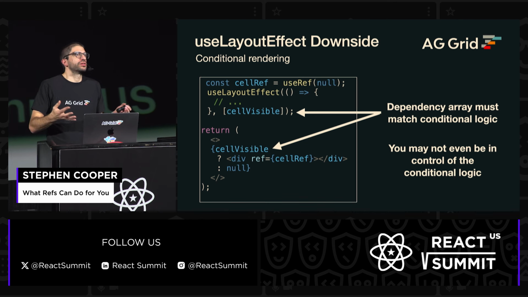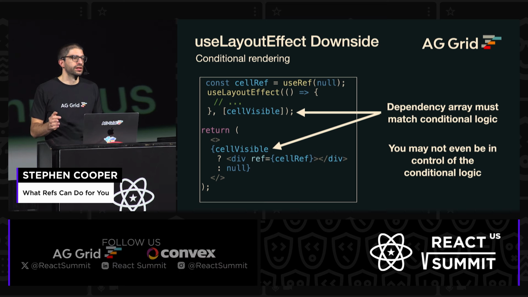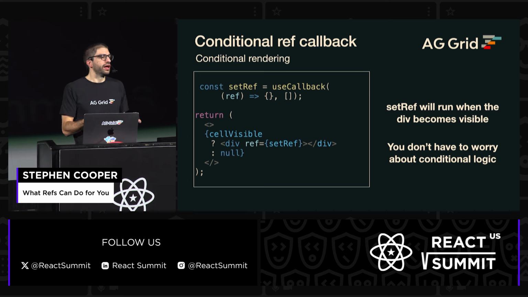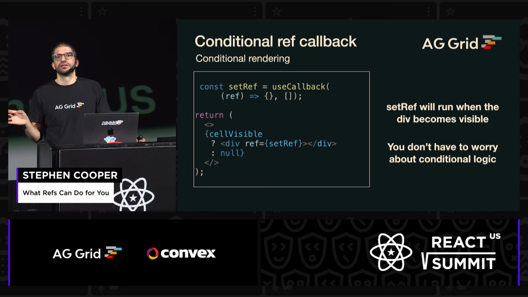But the complexity could come in from the fact that you might not know or be in control of the exact state variables that change the conditional rendering of this element. So this is where useLayoutEffect isn't as easy. If we look at our ref callback approach here, we'll define our setRef, and notice that we don't have to worry about the dependencies of what made that cell visible.